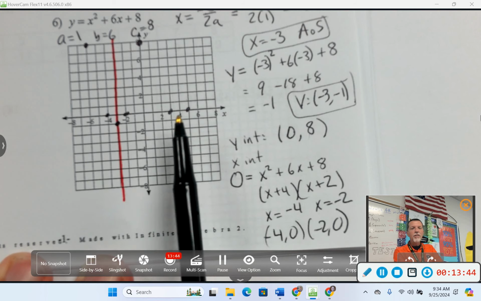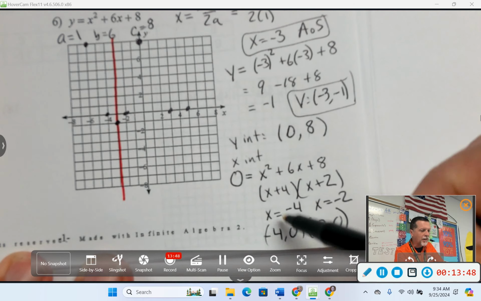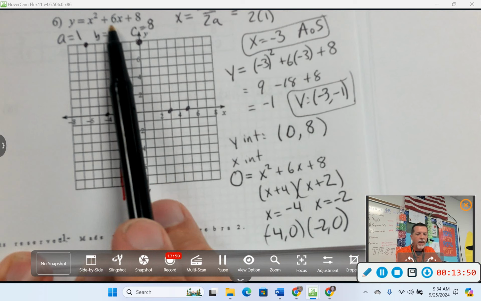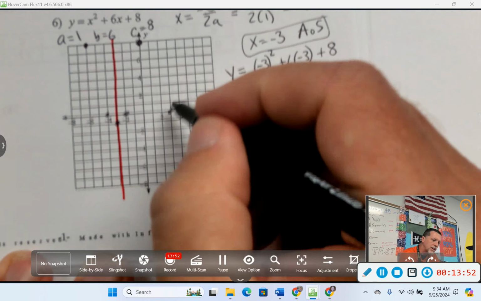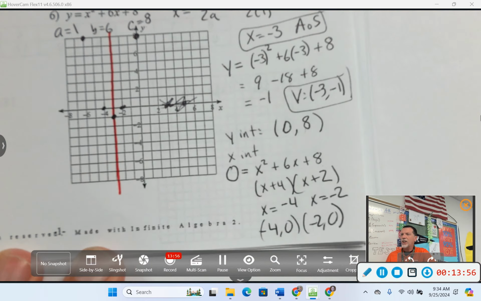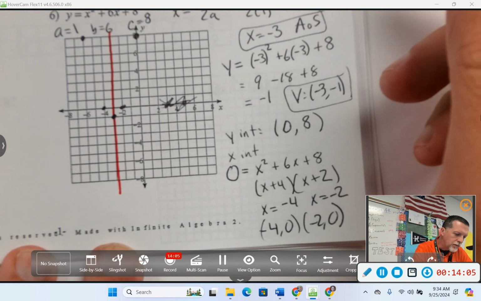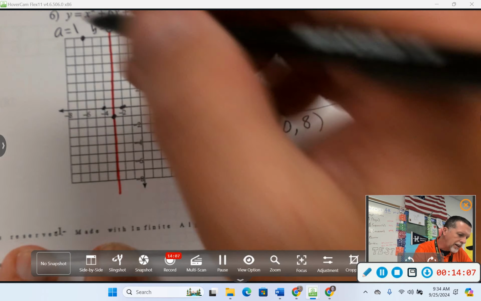And so, usually, students will recognize that something went wrong, and then they got to go figure out, well, did I mess up the axis of symmetry, or did I mess up the x-intercepts? But because there's so much going on, it kind of checks itself. The more information you get, it starts to check itself. Okay, that's all the pieces that I need, so I can graph this.